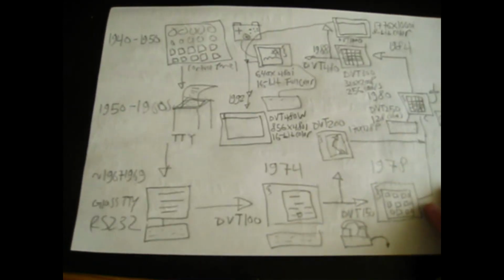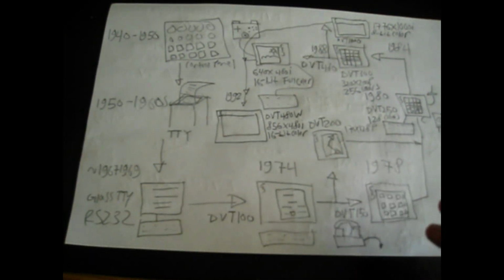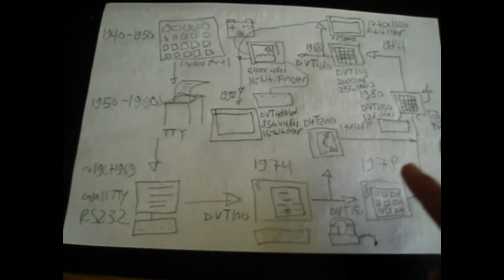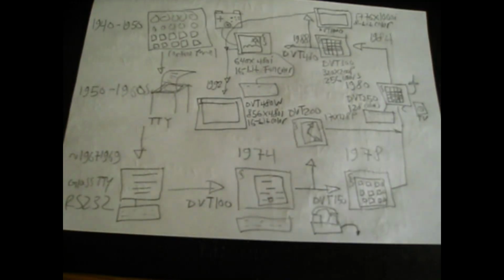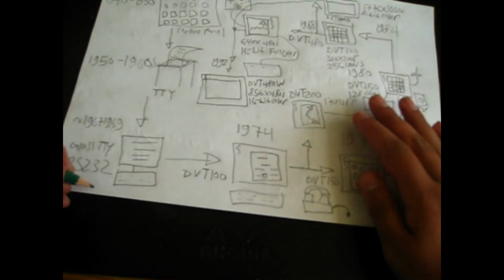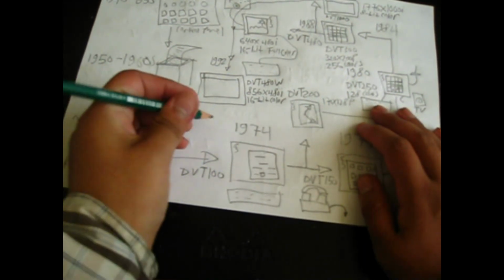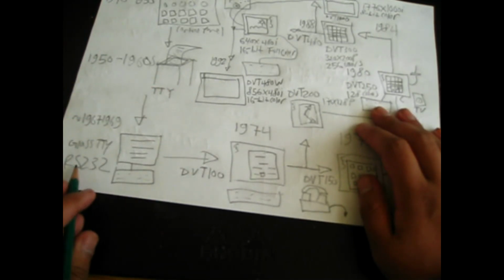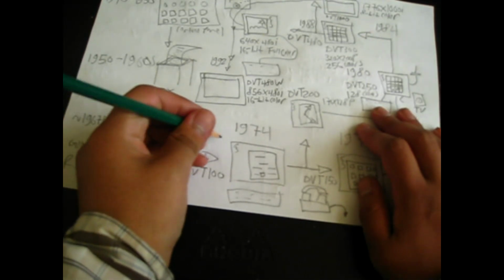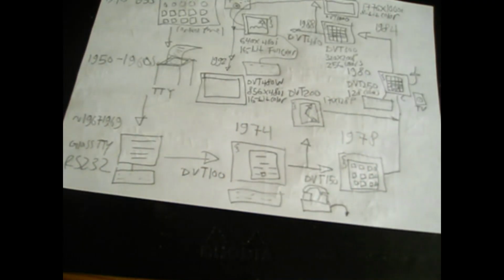Now let's go back to the diagram about the DVT evolution and obviously have a look at the connections between the DVT, or back in the 1960s that would have been glass or paper TTY, and the controlling equipment, a computer or a modem. Well, RS-232 would have been fast enough for the original glass TTY, DVT 100, 150, and 200.